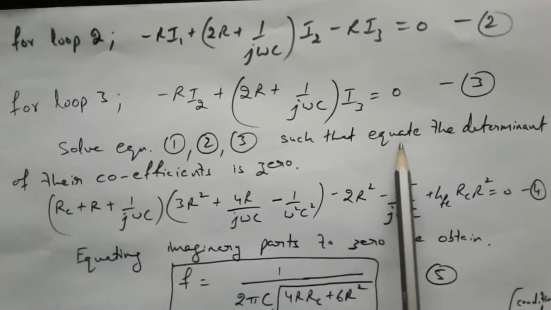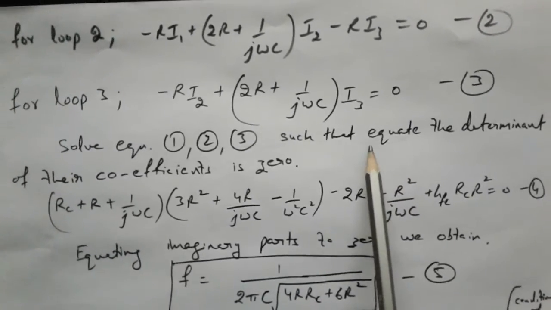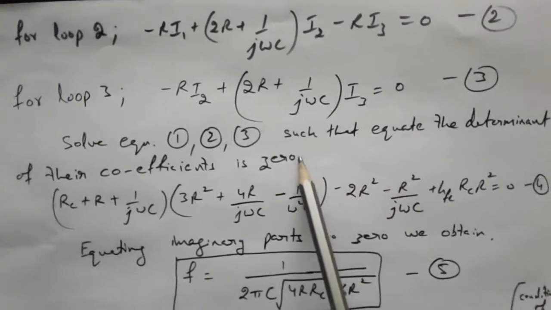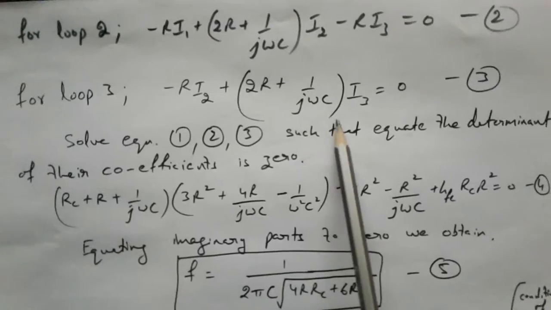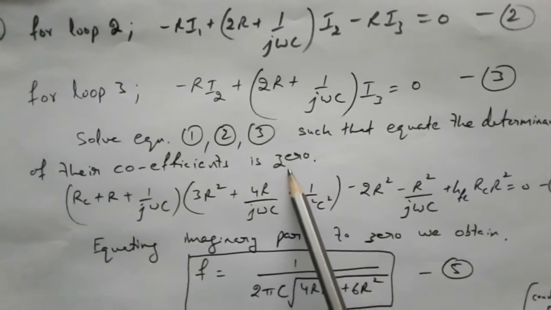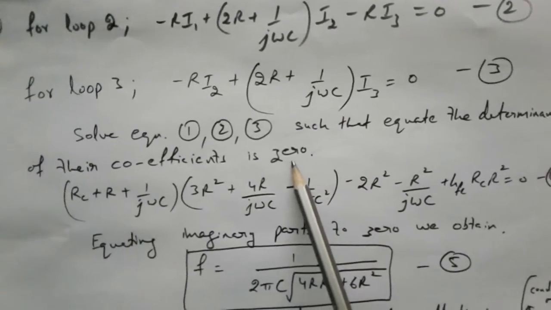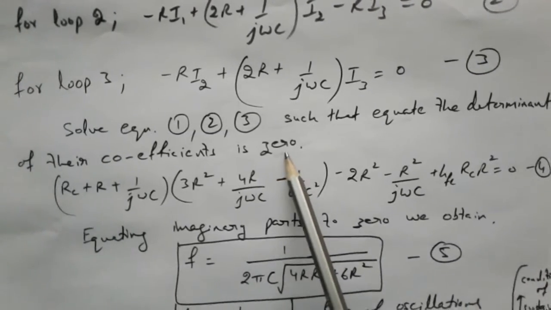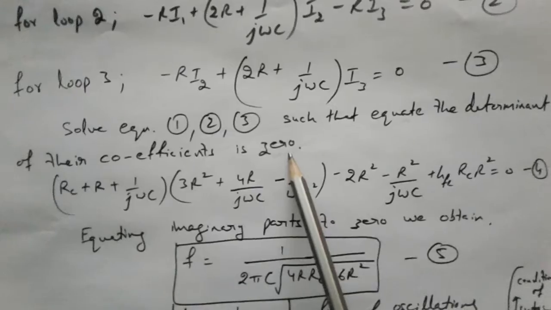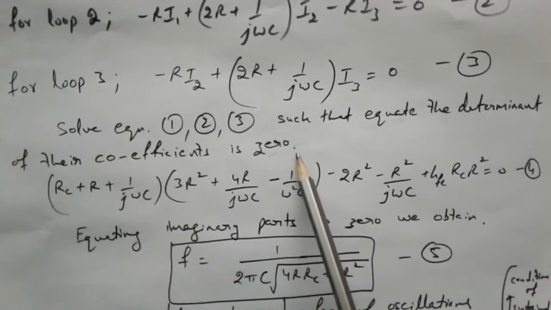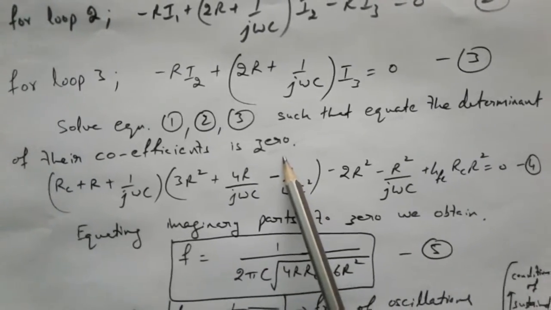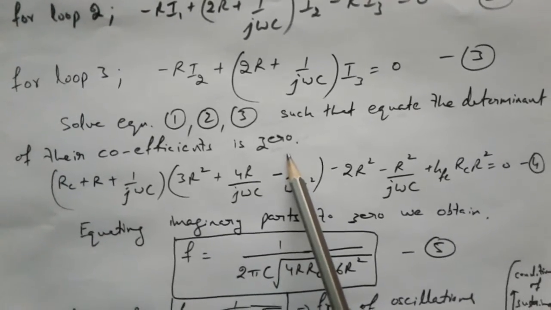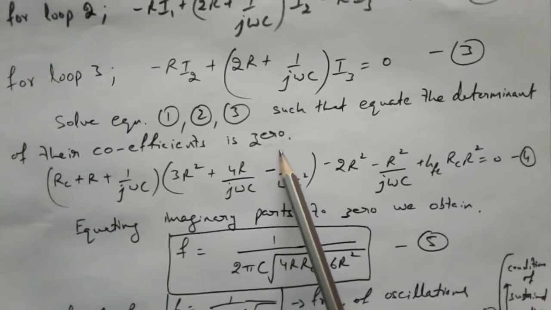This determinant is shown in your book, that is the coefficients of I1, I2 and I3. When you put that determinant equal to 0, because now the conceptual part is almost over, you just have to find the frequency and the condition of sustained oscillation. So it is all mathematical.